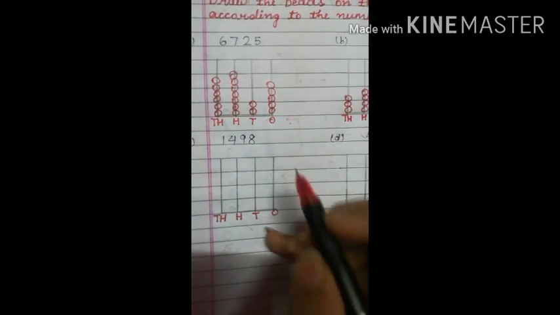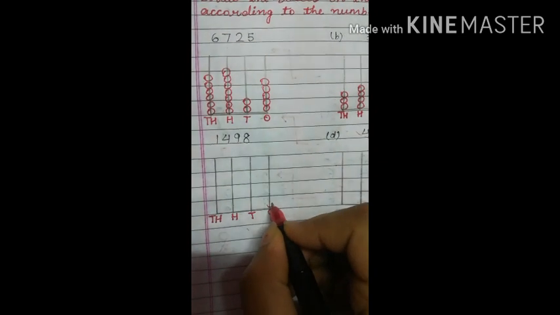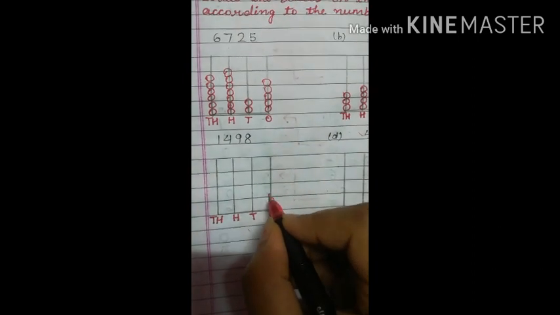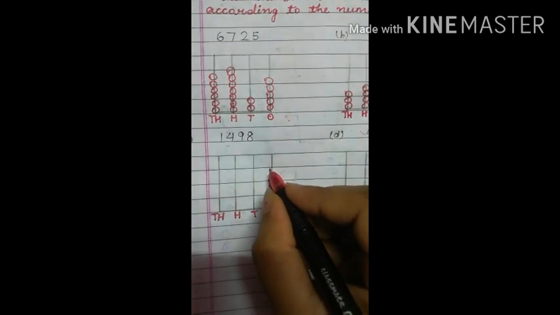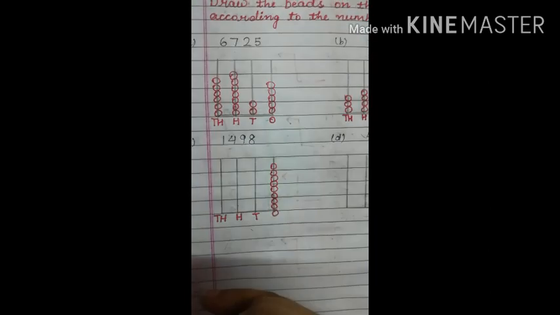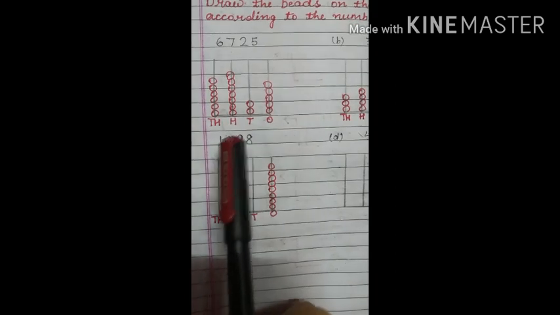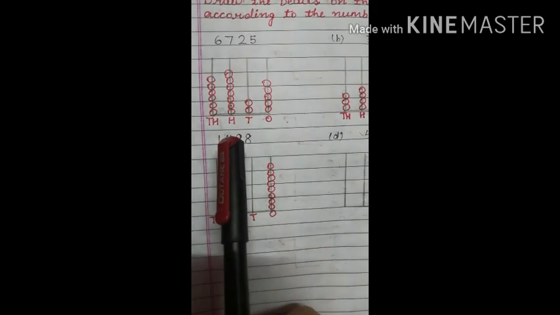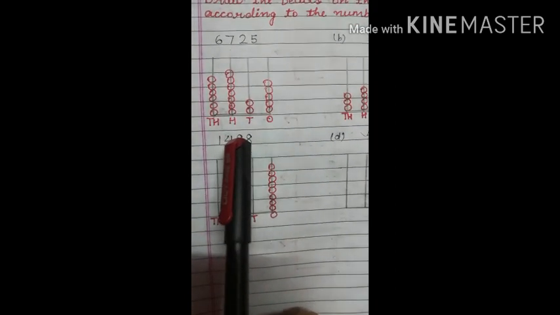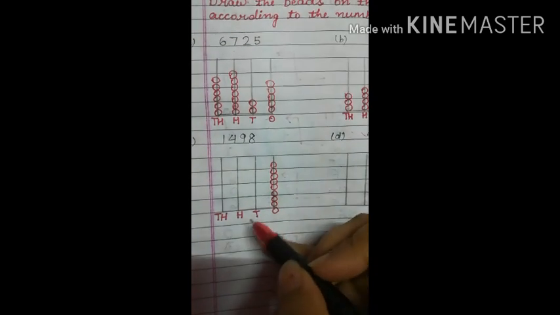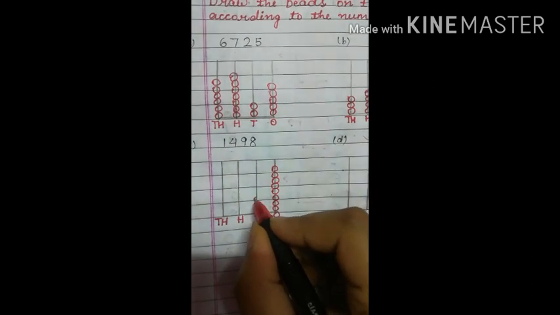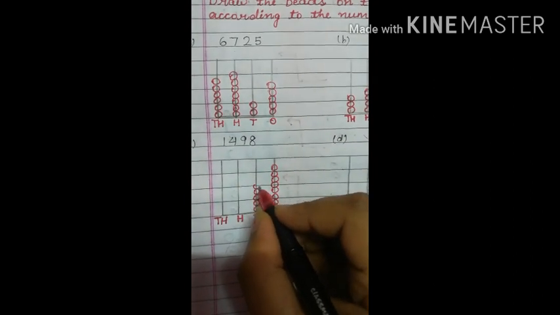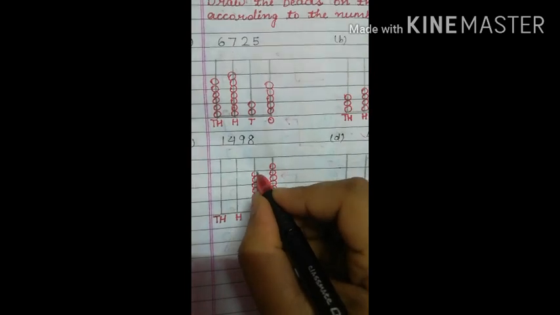So on ones we will draw 8 beads. 1, 2, 3, 4, 5, 6, 7, 8. Move towards the next place, the tens place, and on tens place we have 9. That means on tens we have to draw 9 beads. 1, 2, 3, 4, 5, 6, 7, 8 and 9.